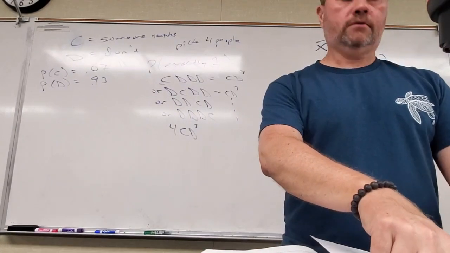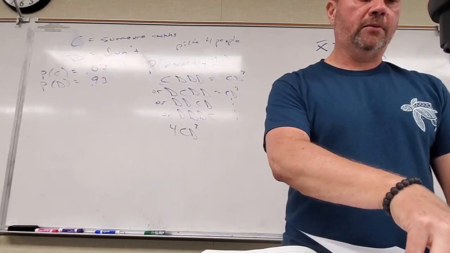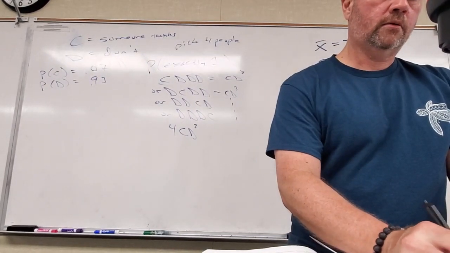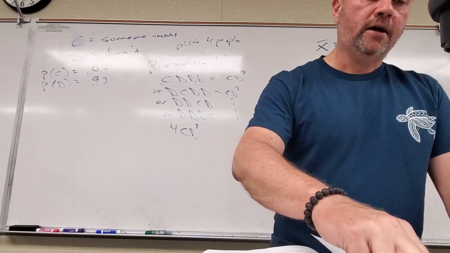Yeah, that would be California registered voters who support same-sex marriage. So that would be the probability of C, right? That's 0.61.